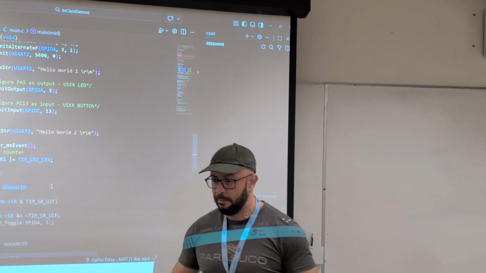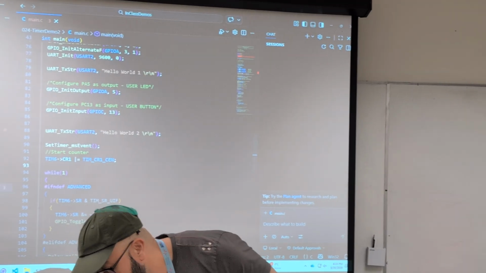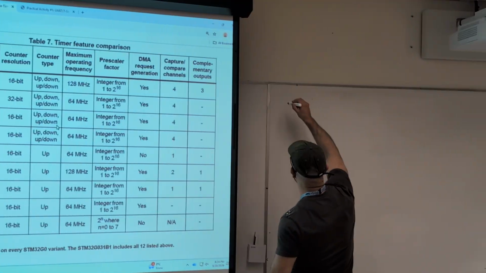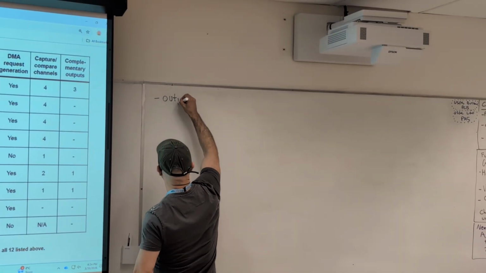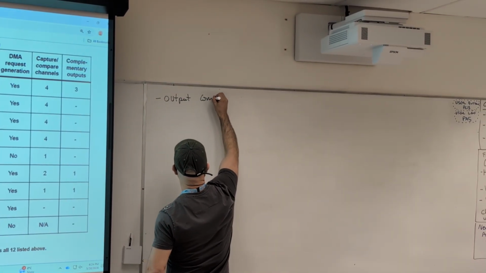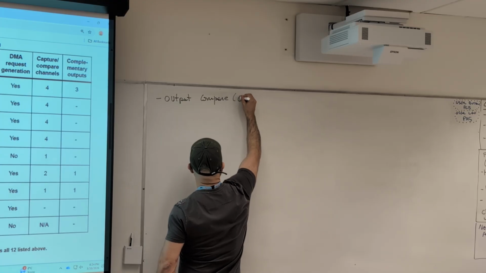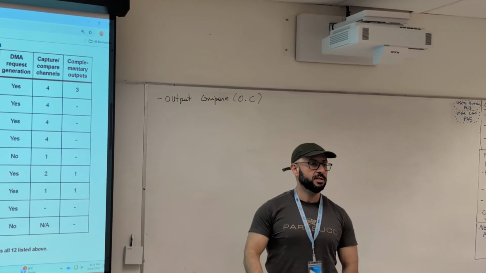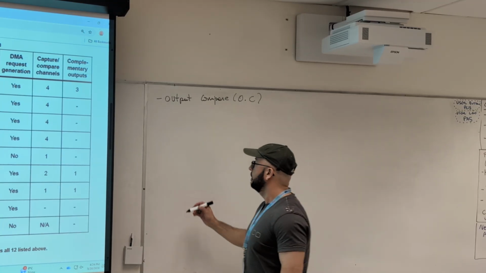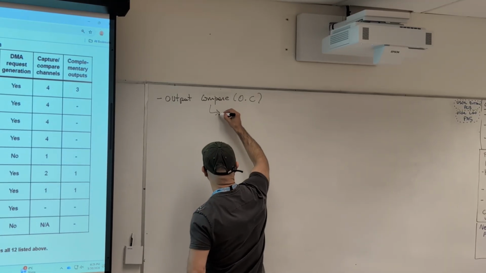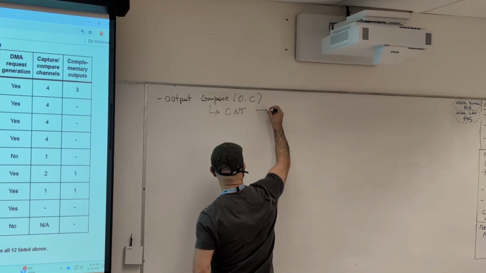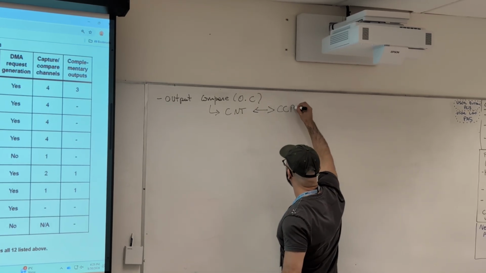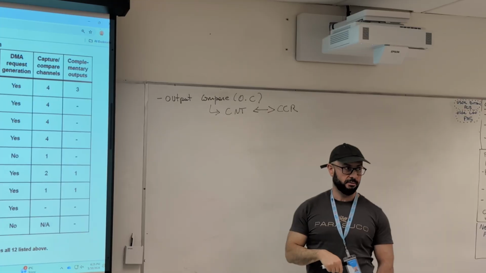Now, in this output compare event that we're going to talk about now, why is it called output compare? Well, because the timer is comparing. And what is compare? The timer is comparing the counter CNT against a capture compare register value that you write with software.